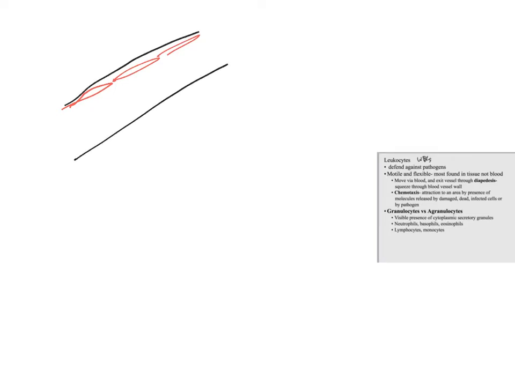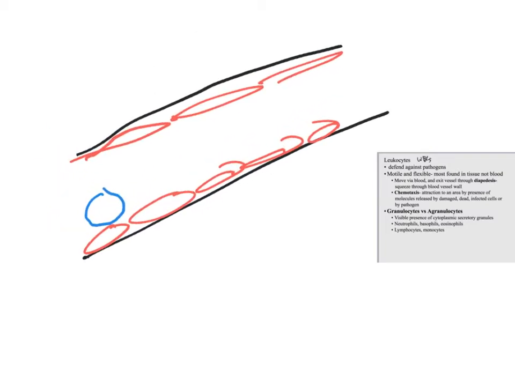Here's the vessel wall, and you have this endothelium here. And a white blood cell, as it goes around, a lot of times is rolling along the side of the vessel.